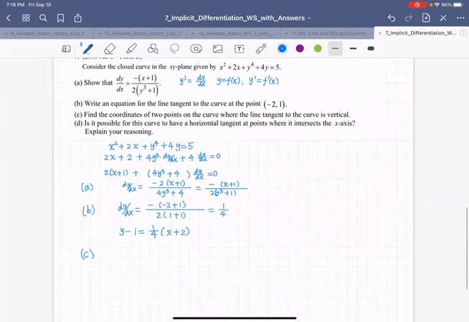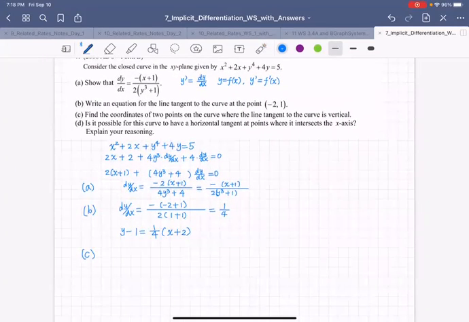So what we will do: if you want to have a vertical tangent line, then your slope has to be undefined.